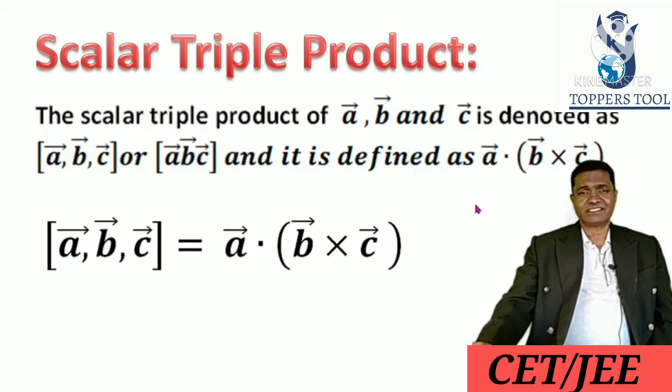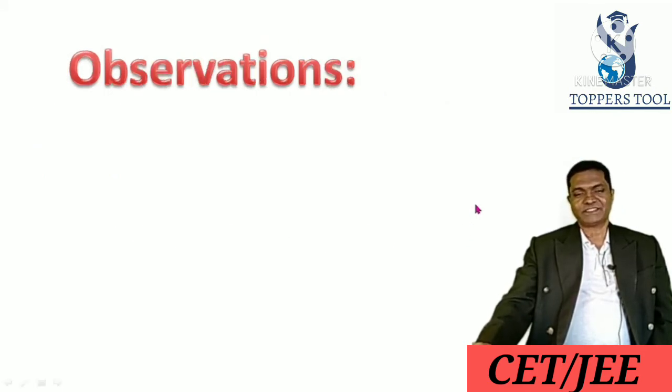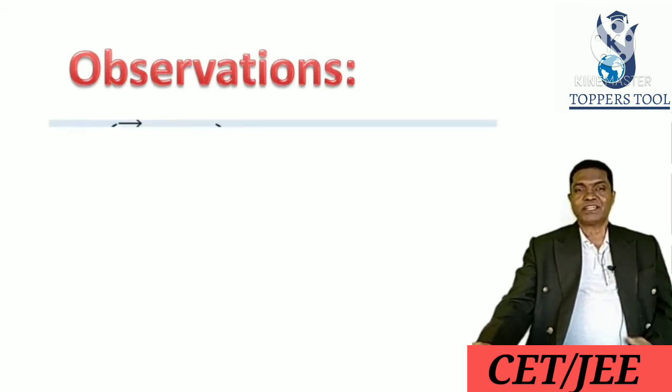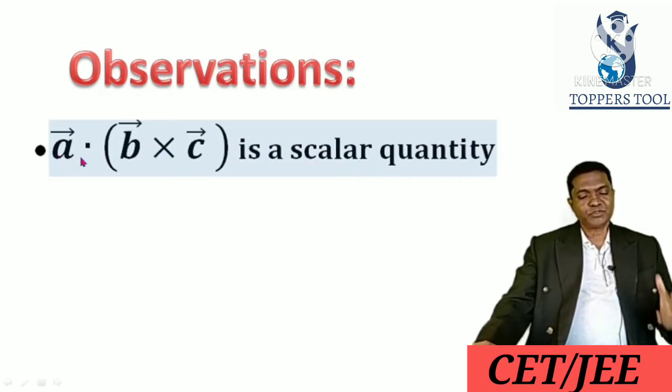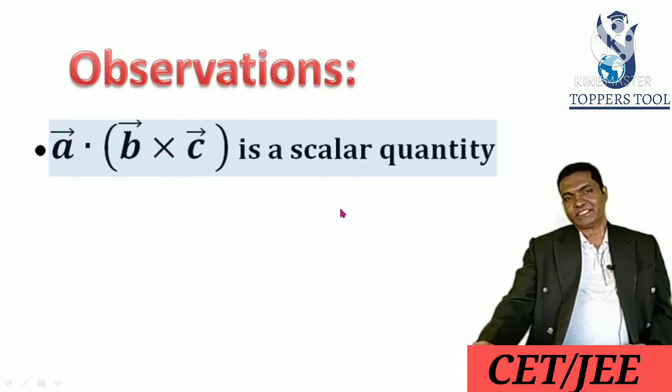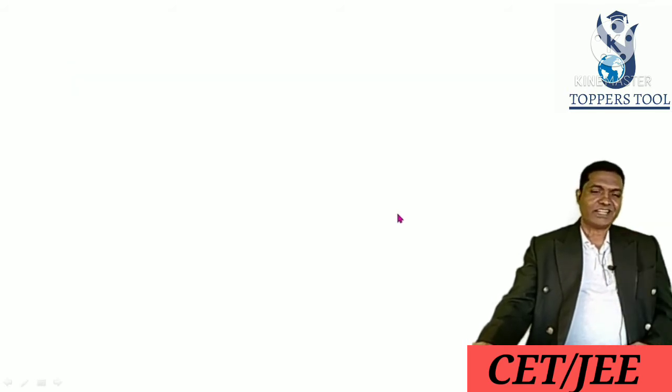To be noted, the scalar triple product is a scalar quantity because it is the dot product between two vectors, vector A and vector B cross C.